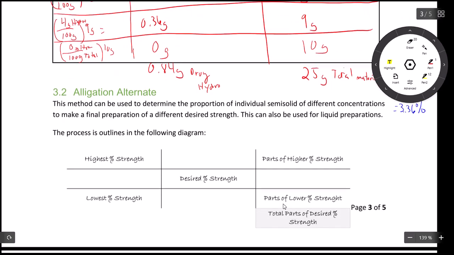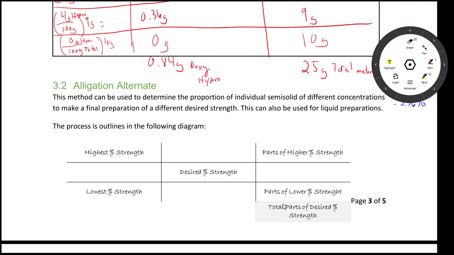Alligation alternate is going to be used when we want to find the proportion of individual semisolids that are different concentrations to get a desired amount. So notice that in the alligation media, we just added a bunch of creams together and we said, what's the final concentration? Now I'm going to work the other way. I'm going to say, I want a final concentration to be X%. How much of these do I need to add to get that?